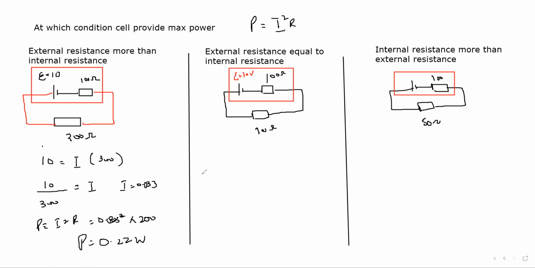Then we'll do the same thing for the second one. First we'll find the total current. How to get the total current? This is 10. The total circuit resistance is 100 plus 100, that's 200. So 10 divided by 200. So 0 will cancel with 0. 1 divided by 20, which is 0.05.